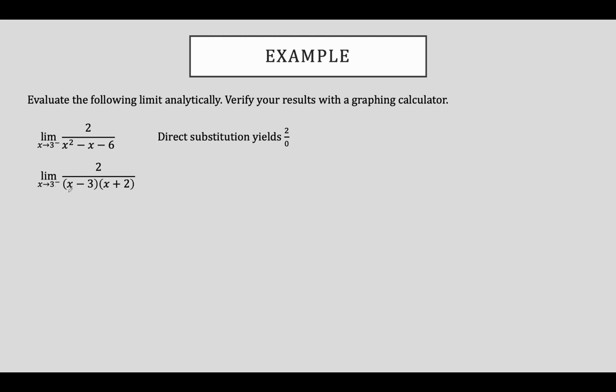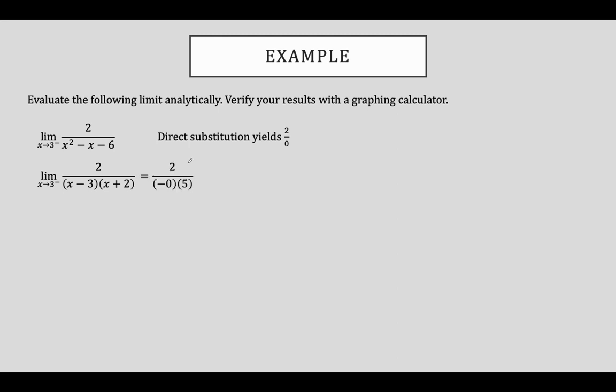If I plug in a number that is ever so slightly less than 3, like 2.9999999999, I essentially get 0, but it is going to be negative. If I have a number that's just ever so slightly less than 3 and I subtract 3, I'm going to get a negative 0. In the other factor, when I plug in 3, I get 5.